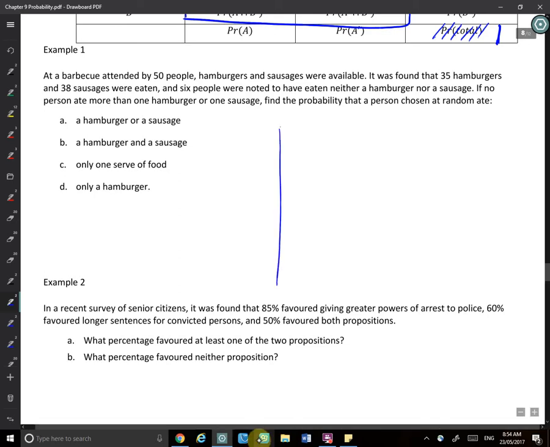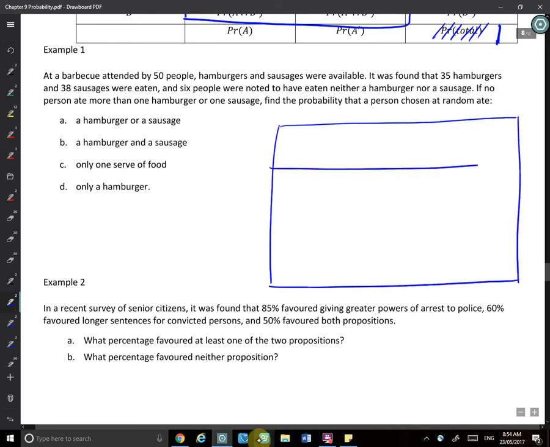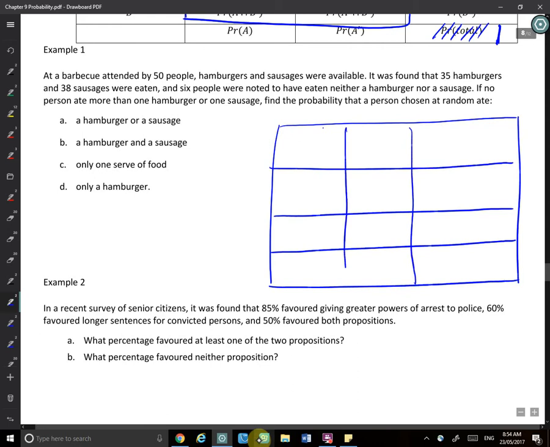So I can set up this table. It's a 3 by 3 table. I'll have H, H dash, S, S dash, and the total number must be 50.